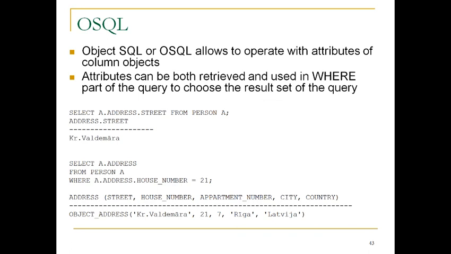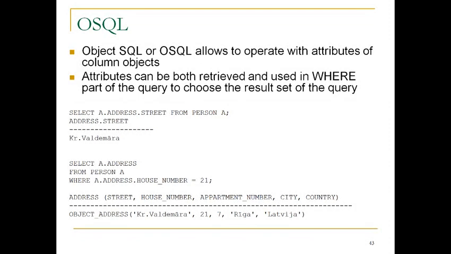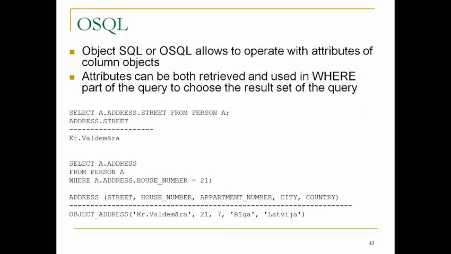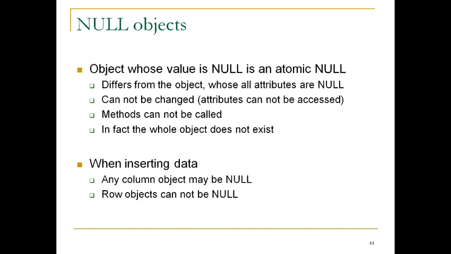They are attributes or columns. We can access them in the same way. And we have no limitations where to put them. We can put them in the select part, in the where part. No limitations in these things.